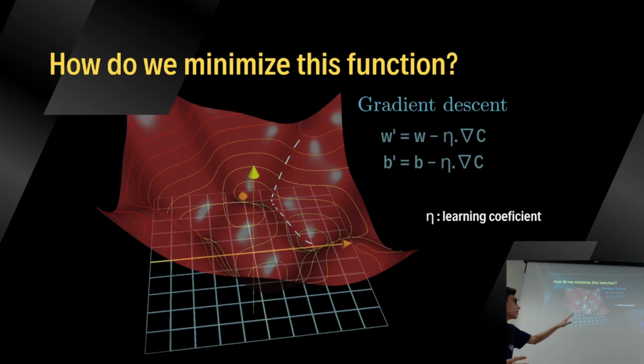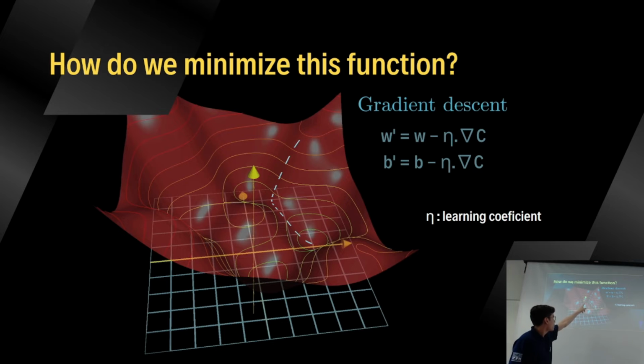So what does this learning coefficient mean? Our goal is to change these weights and biases to adjust the neural network. I already said that if I calculate these gradients at some point, it will give us a direction. But I can take 1 step in this direction, or I can take 10 steps in this direction. This learning coefficient tells us how far we have to go in that direction.